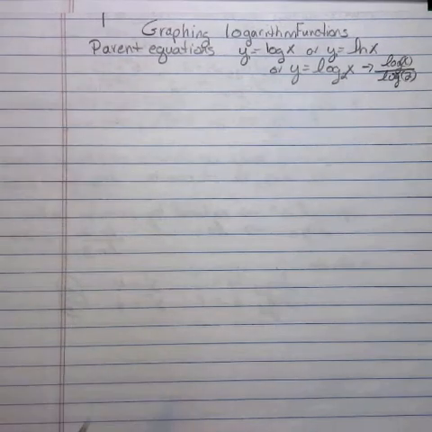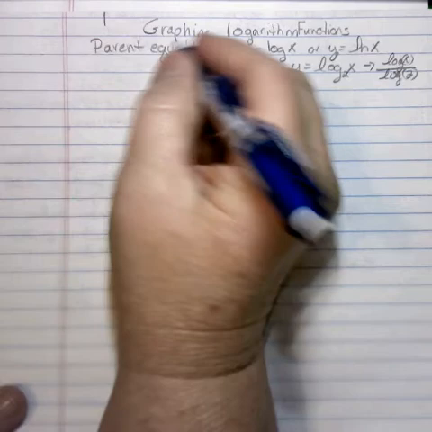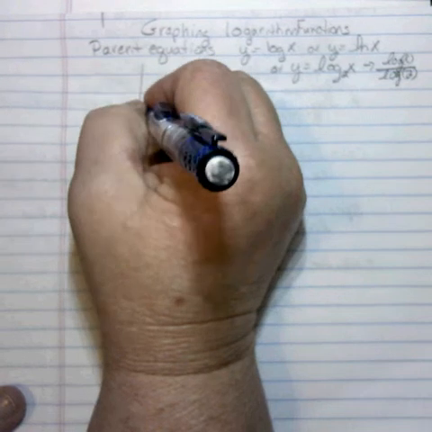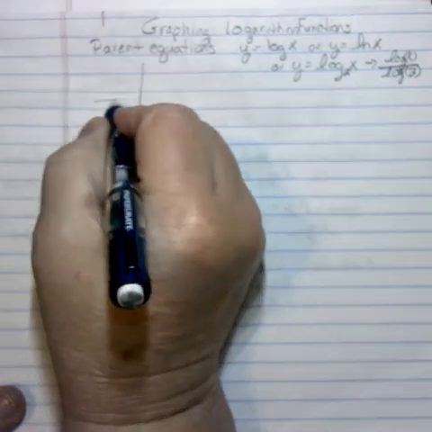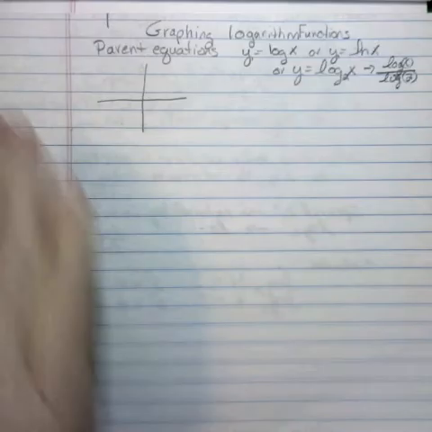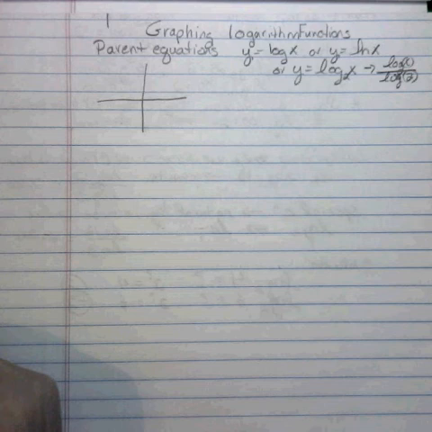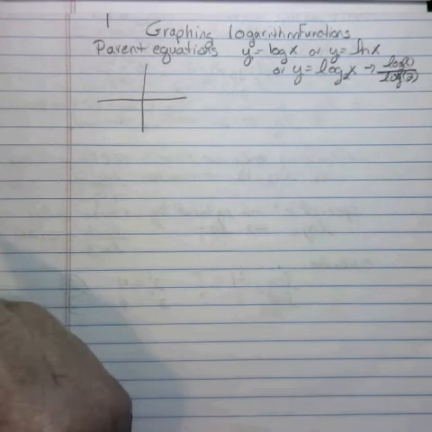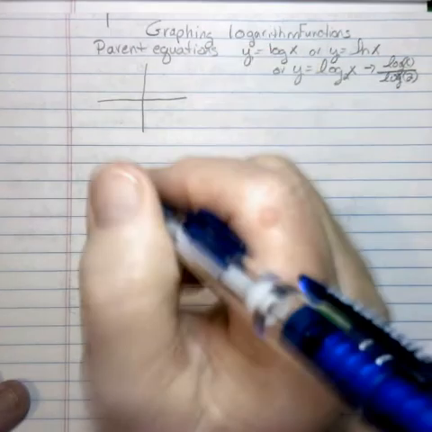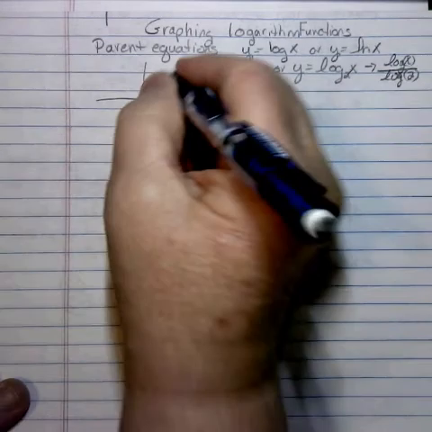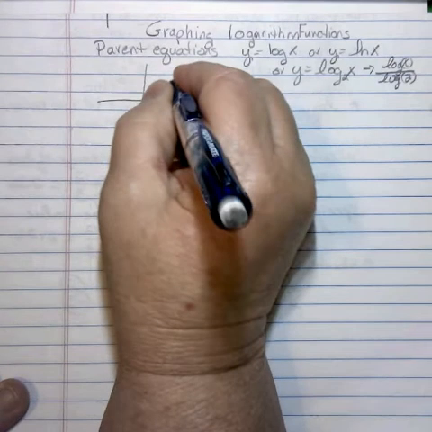Now this particular graph, remember, as an inverse of the exponential function, they do reflect over the line y equals x, but this particular graph is going to look similar to this. This graph is going to pass through the point 1, 0.